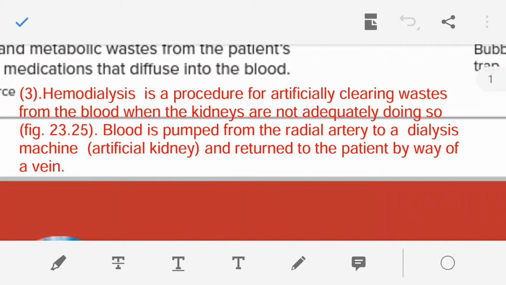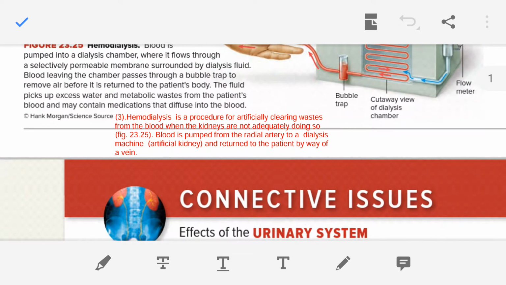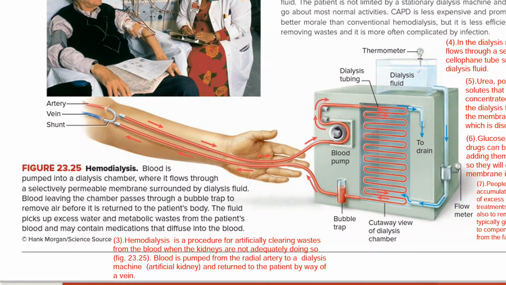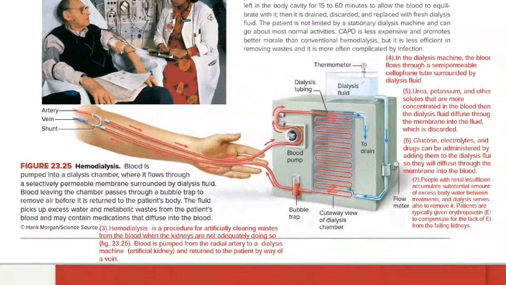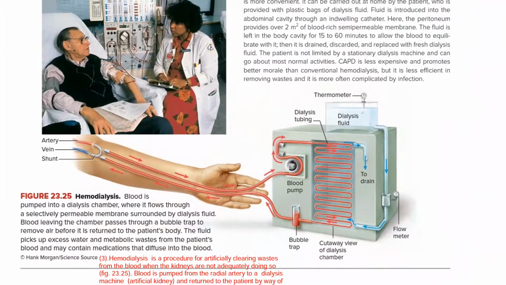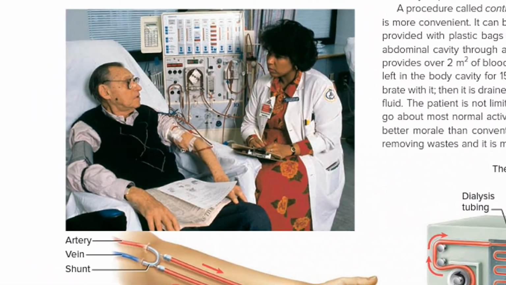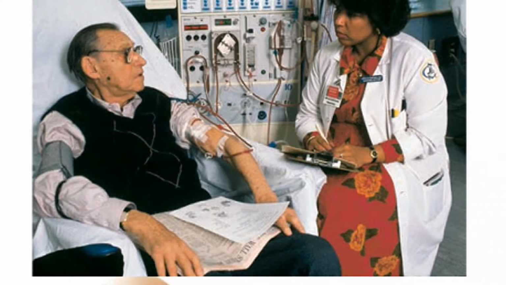Here in the figure I am showing you the artificial kidney. This is the apparatus or machine used in artificial kidney. See here, this is the patient, and both the kidneys have failed, and you can understand that in the patient's blood the amount of waste material has increased.